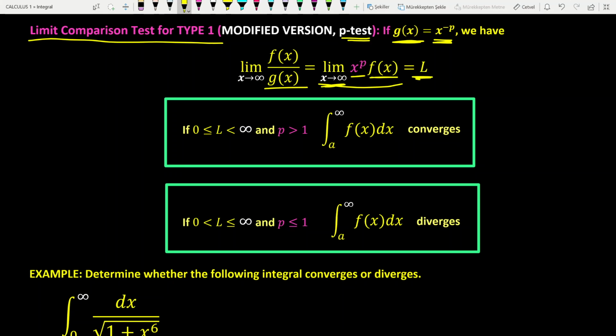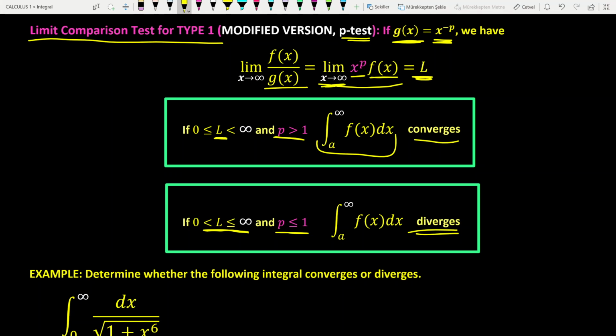And we examine the answer of this limit. Let's say this is equal to L. If L is a bounded positive number and if p is greater than 1, in this case, the given improper integral converges. If L is infinity or a bounded number, again, greater than 0, and if p is less than or equal to 1, then the given improper integral, in this case, diverges.